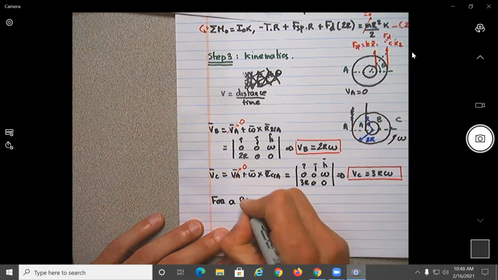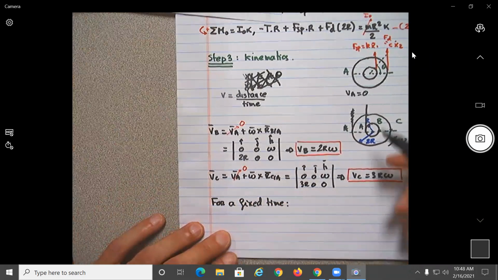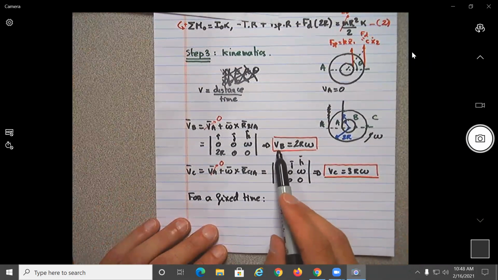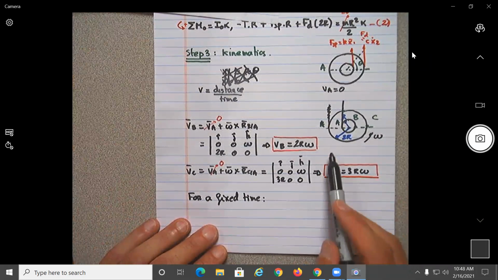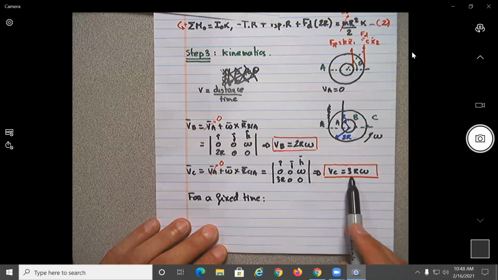Okay, so here, without going into too much more detail, for a fixed time, because again, imagine you just take a photograph. What could you say for this? You can just say that since the velocity is distance divided by time, the time is the same thing. This one is going to do twice the distance when this one is going to go 3 times the distance, no?